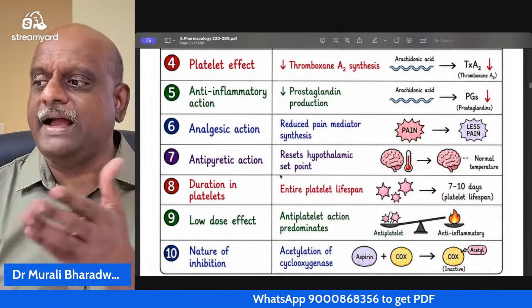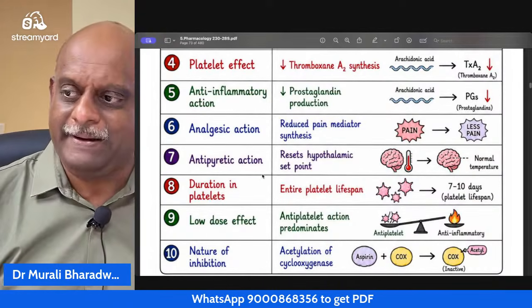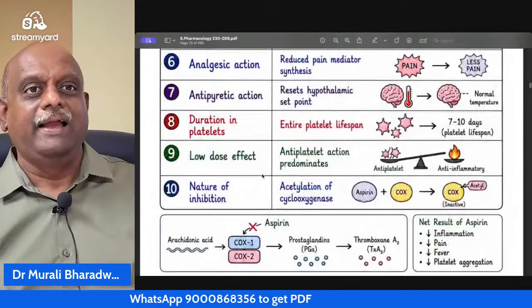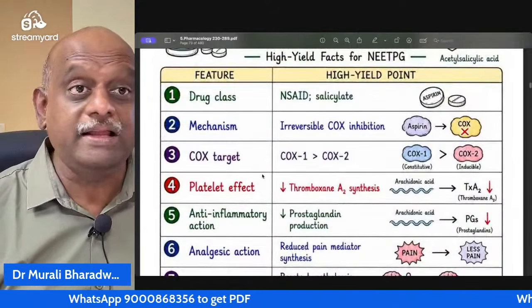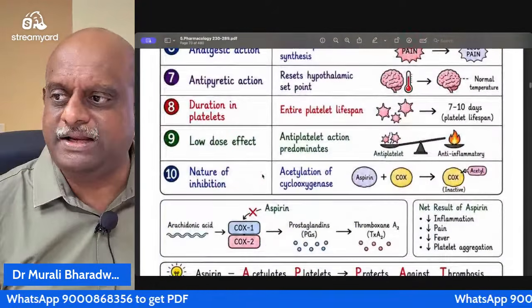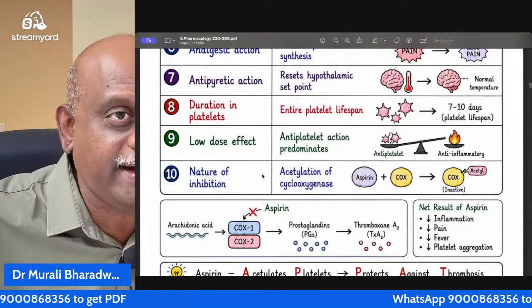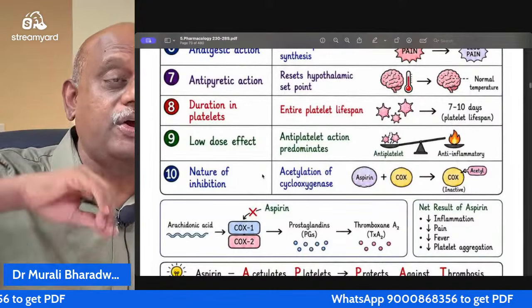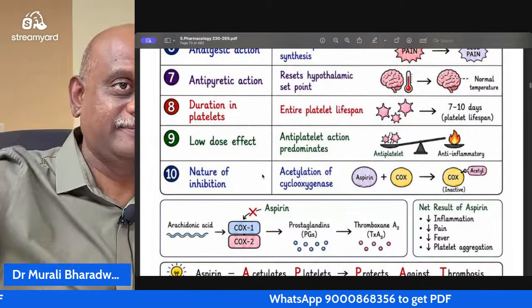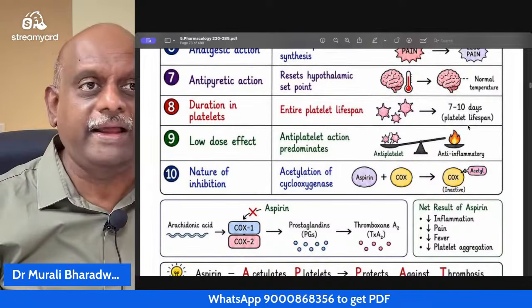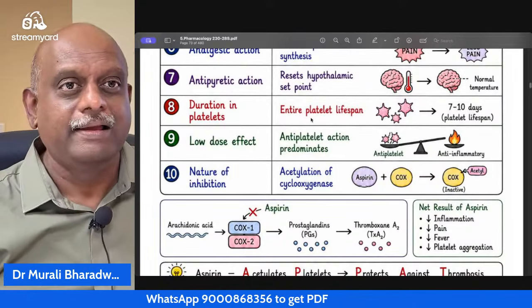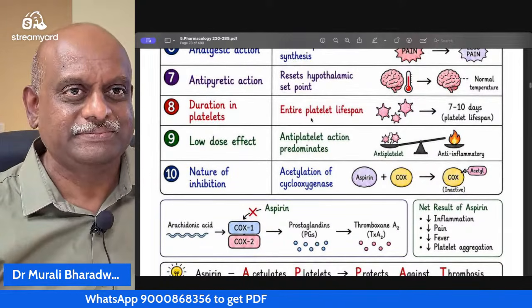It will reset the hypothalamic set point, antipyretic action. And typically it is irreversible COX inhibition. That's the reason the antiplatelet activity will be there for as long as the platelet's lifespan, that is 7 to 10 days, irreversible inhibition.